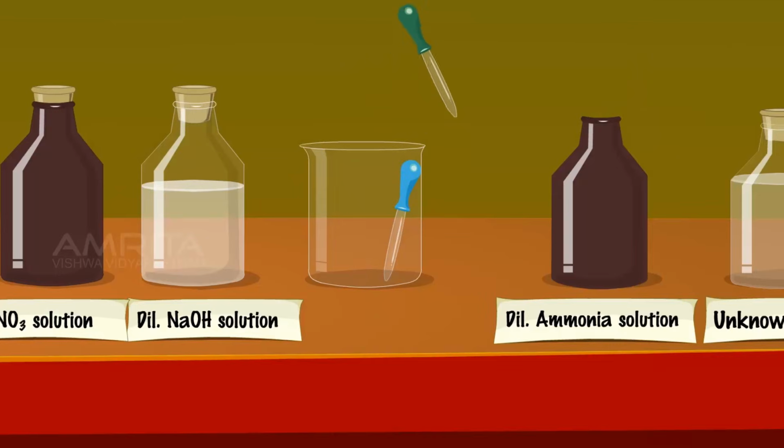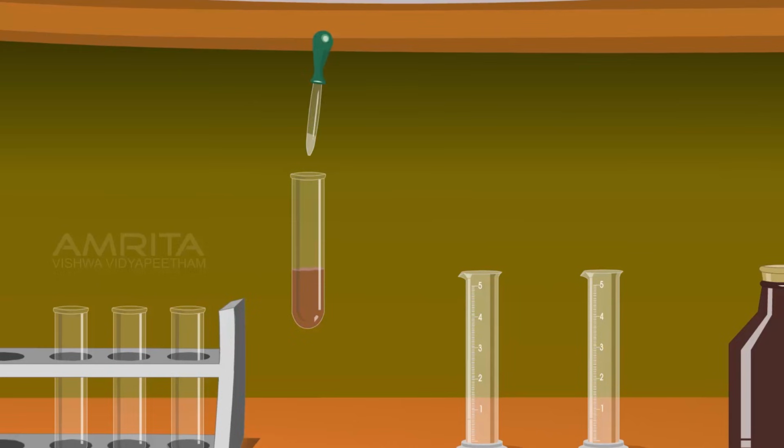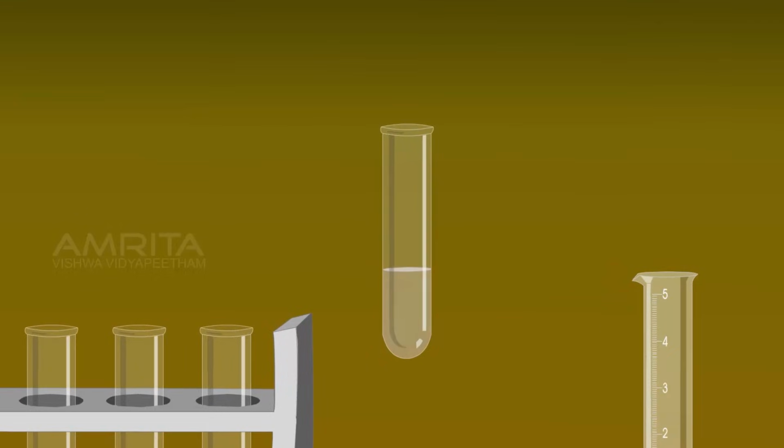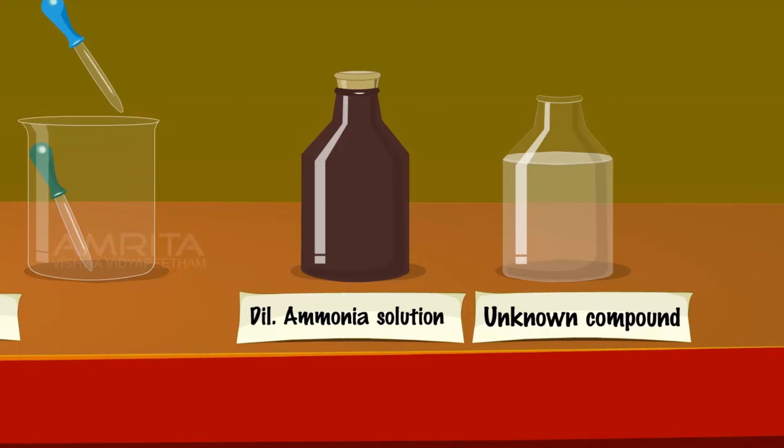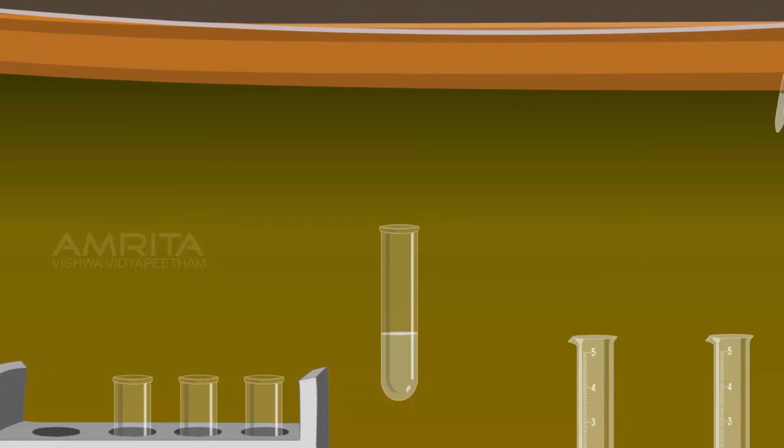Take a dropper. Add dilute ammonia solution dropwise to the test tube. The precipitate will dissolve in the solution. Add 2 to 3 drops of the given liquid to the test tube.